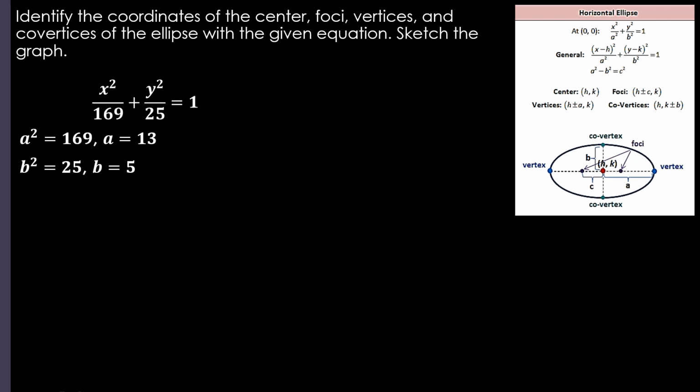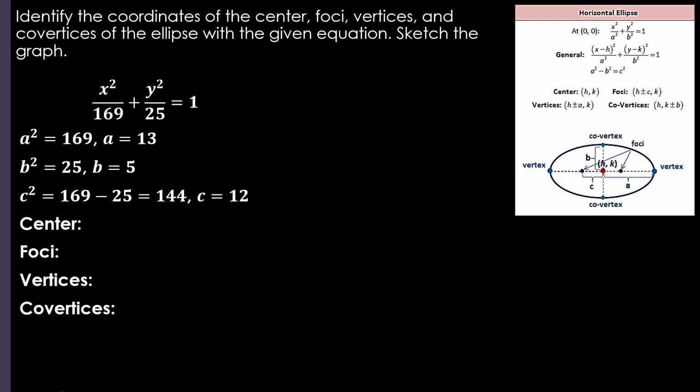To find the value of c, all we have to do is follow the formula. We have c squared equals a squared minus b squared. Therefore, c squared is equal to 169 minus 25, which equals 144. So the value of c is 12.